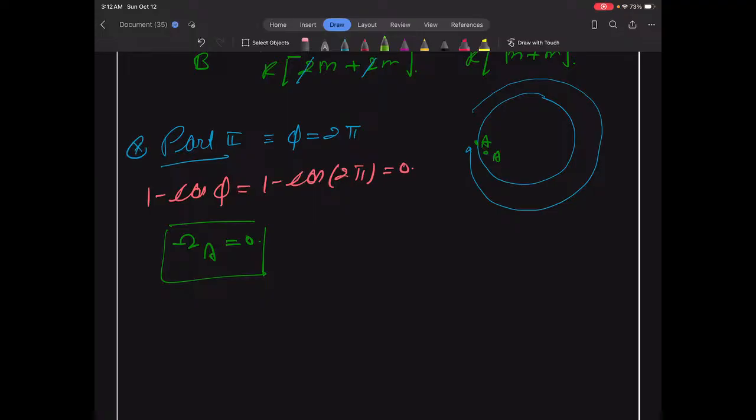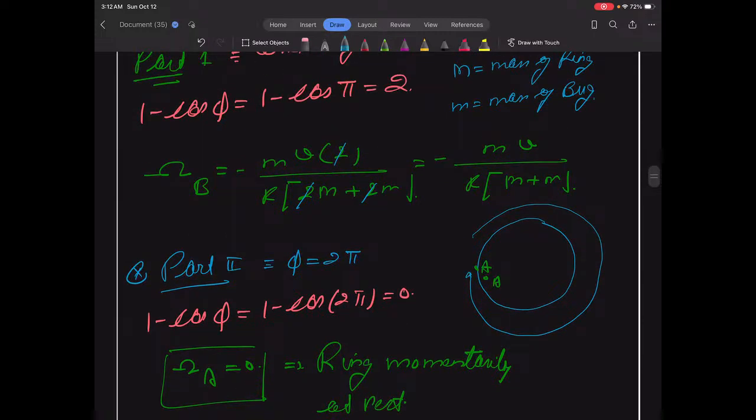So it means the ring comes momentarily to rest as the bug reaches its initial position. So we can say that the ring is momentarily at rest, and from the first part we can say that the ring rotates opposite to the bug's position because of this negative sign.